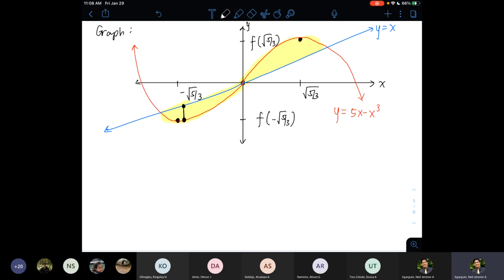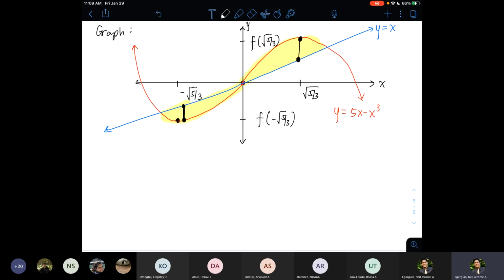So it's top minus bottom. So if my vertical strip is located here, then the top function will be the blue one and the bottom function will be the red one. However, when I draw a vertical strip over here, all right, the top function is the red one and the bottom function is the blue one.